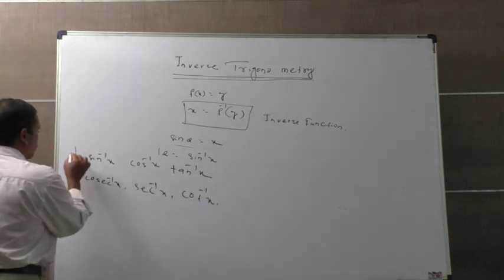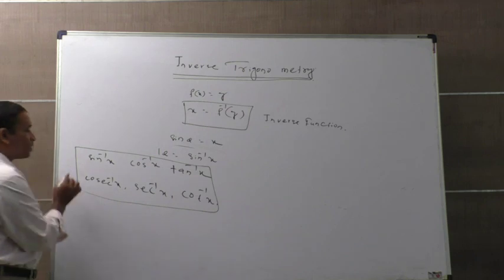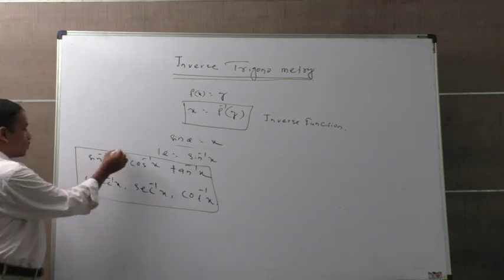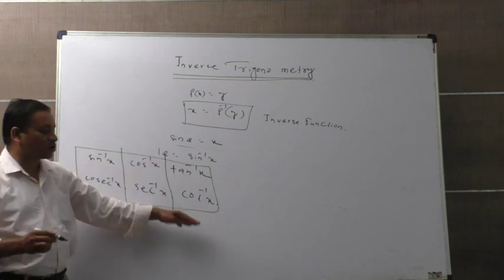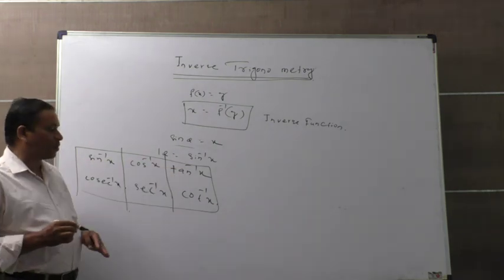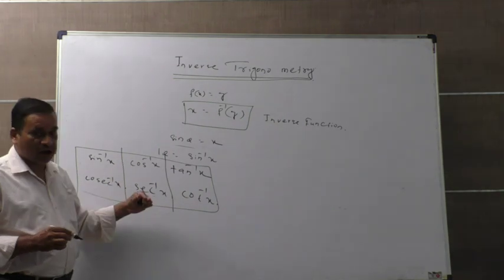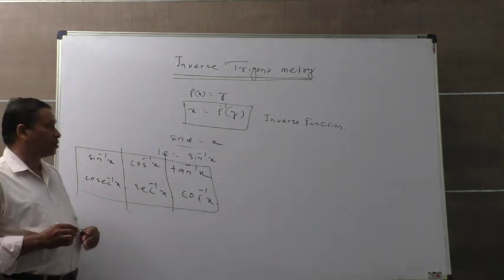So these are the 6 inverse trigonometric functions: sin inverse x, cosec inverse x, cos inverse x, sec inverse x, tan inverse x, cot inverse x.